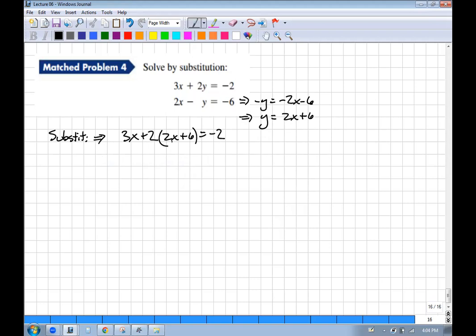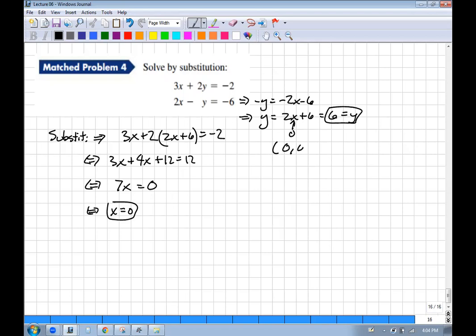Now we can solve for x. So that gives me a 3x plus 4x plus 12. Combine our like terms. 3 and 4 makes 7. 12 minus 12 is 0. So x has to be 0. If I substitute that in, I'm going to get 6.